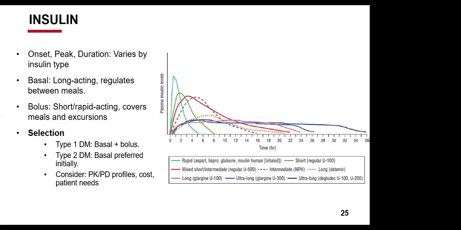The only disadvantage is that you might need to give it 2 times a day because it is intermediate acting. It usually peaks within 5 hours, and then the duration of action is about 12 to 14 hours, around there. So it is important to consider those as well.